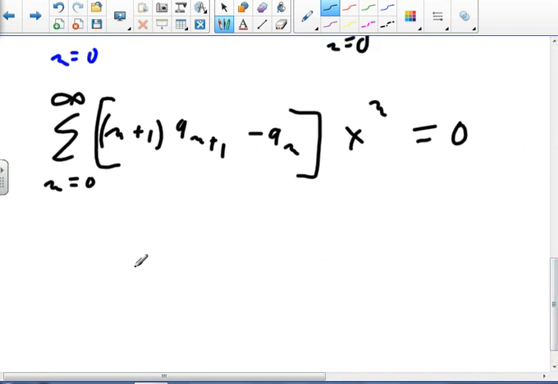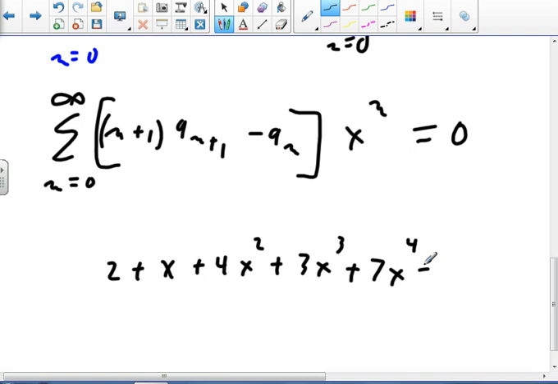Now, if I have something that's, let's say I've got 2 plus x plus 4x squared plus 3x cubed plus 7x to the fourth plus, and I go all the way out to infinity, raising my powers every time I go.